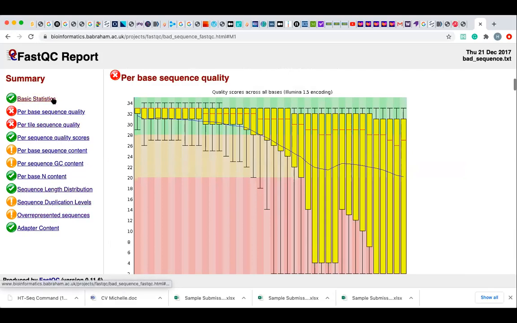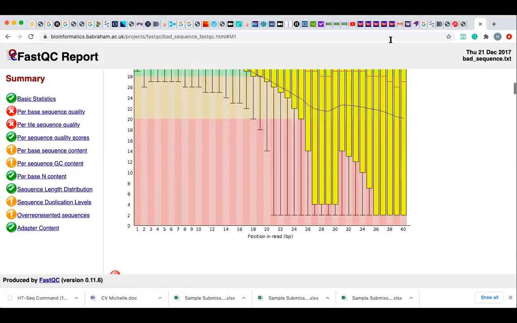Your basic stats just gives you an idea. These two, per base sequence quality and overrepresented sequence, will tell you whether you need to do any trimming or pre-processing at all. That's just to show you what we do normally once you get your data. What's the first step? I will continue sharing my screen.